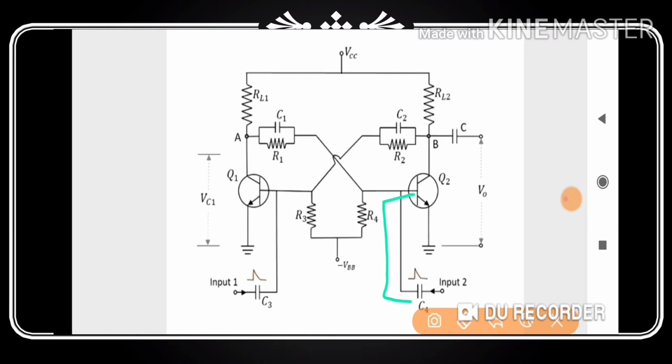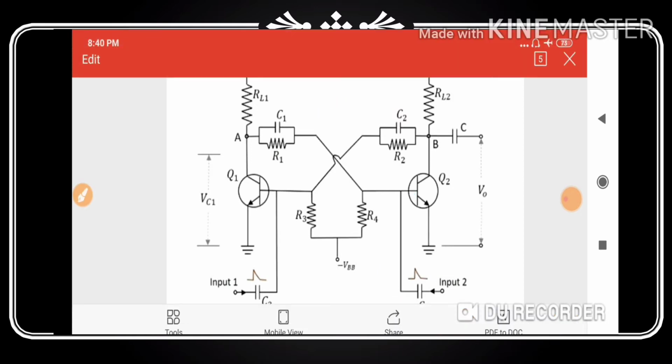The capacitors C1 and C2 are known as the speed-up capacitors, as they reduce the transition time, which means the time taken for the transfer of conduction from one transistor to another transistor.